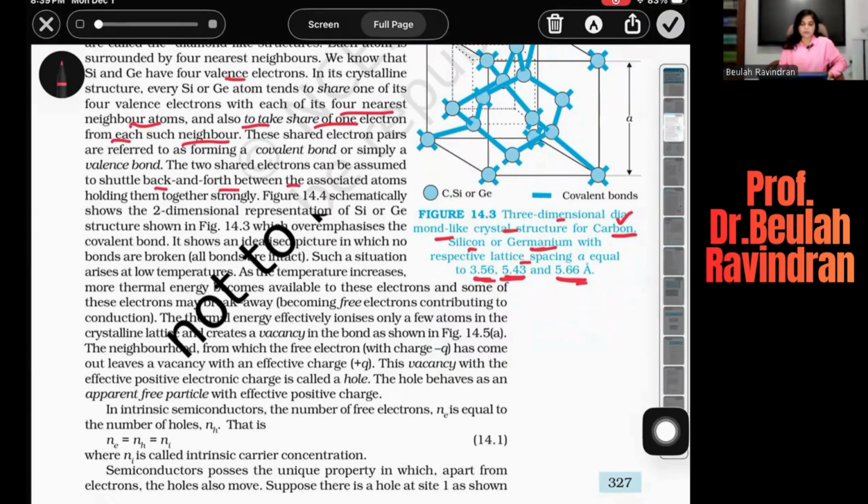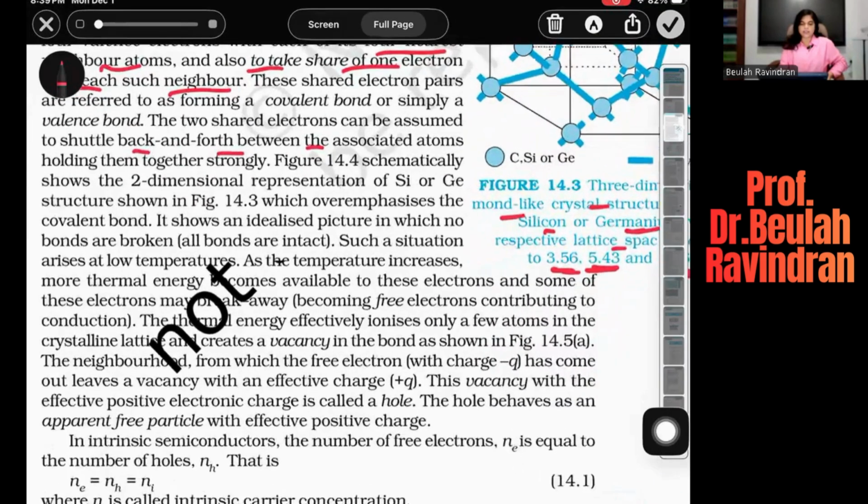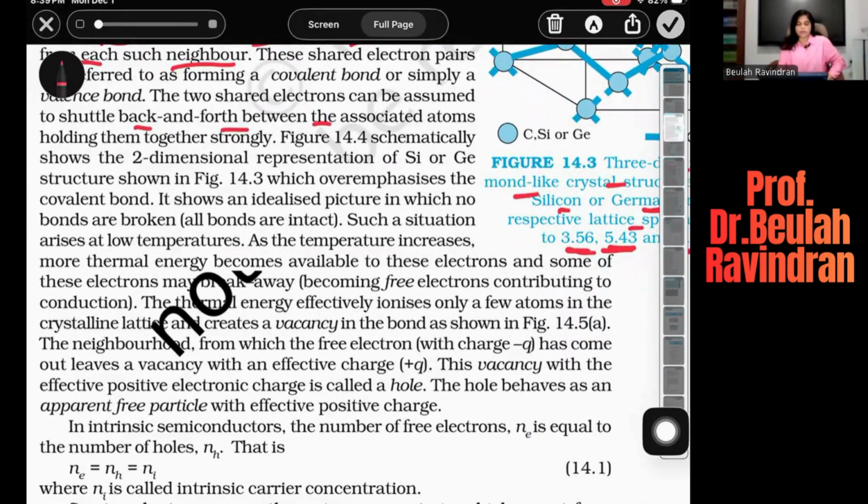So the 2D representation of the silicon or germanium structure is given in the picture, which overemphasizes the covalent bond. It shows an idealized picture in which no bonds are broken. Such a situation arises at low temperature only.